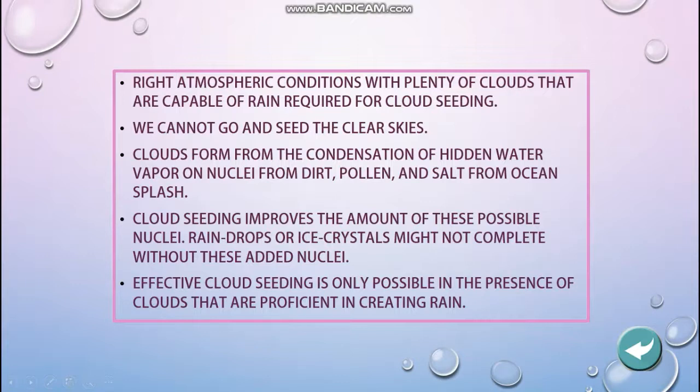Clouds form from the condensation of water vapor onto nuclei from dirt, pollen, and salt from ocean splash. Cloud seeding increases the amount of these nuclei. Raindrops or ice crystals might not form without these added nuclei. Effective cloud seeding is only possible in the presence of clouds that are capable of creating rain.